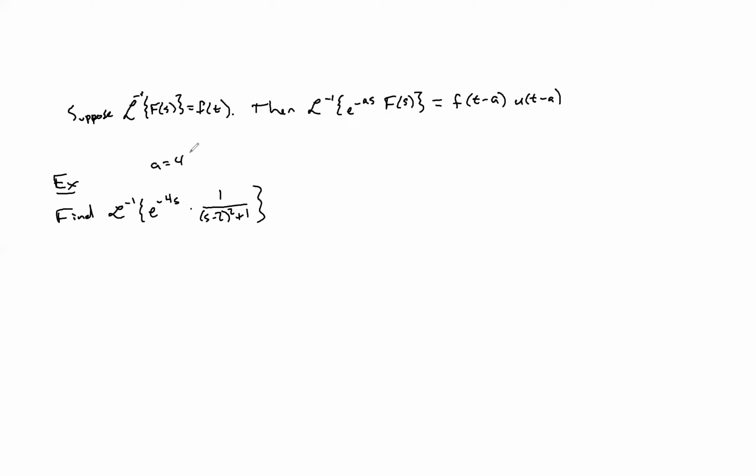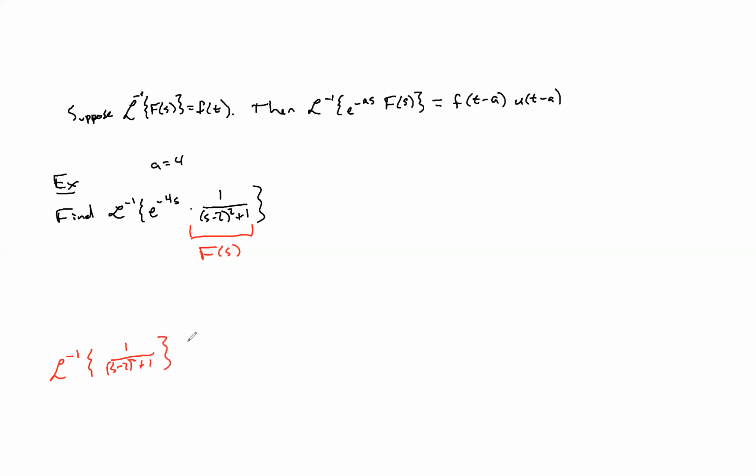Our capital F of s is this piece right here. And we know the inverse Laplace transform of that, right? So coming back to this original statement here, what is the inverse Laplace transform of capital F of s in this case? 1 over s minus 2 squared plus 1. What is the inverse Laplace transform of that?